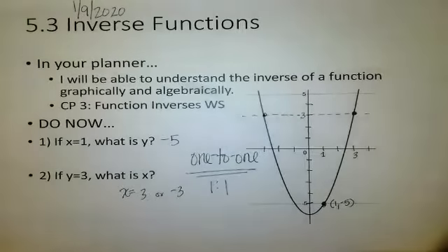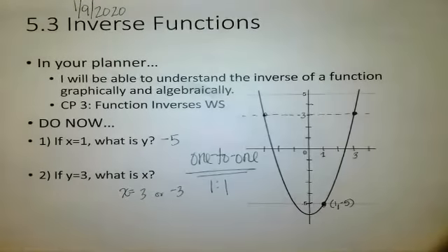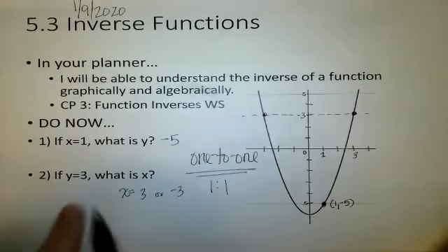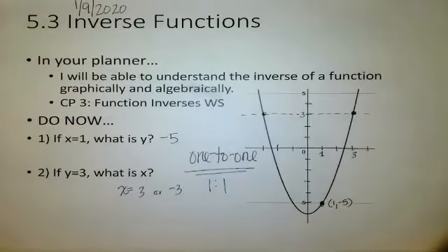But the reverse should also be true. If you have a y value, it would give you 1 x value. Where when we did this here, there were 2 x values. That means that there's 2 possible answers, and that is not something that we can deal with. So this function is not 1-to-1.